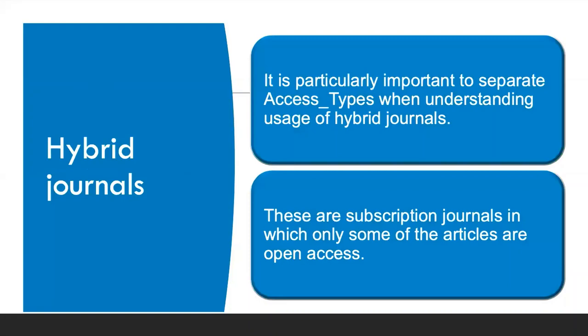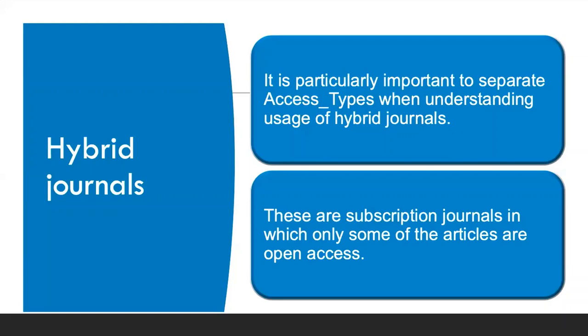It's particularly useful with the hybrid journals where an author might have paid an APC to have access to that article within a journal that a library might be subscribed to. And that APC, or article processing charge, could have been paid for by the author, it could have been paid for by another area in the institution or by a funding agency.